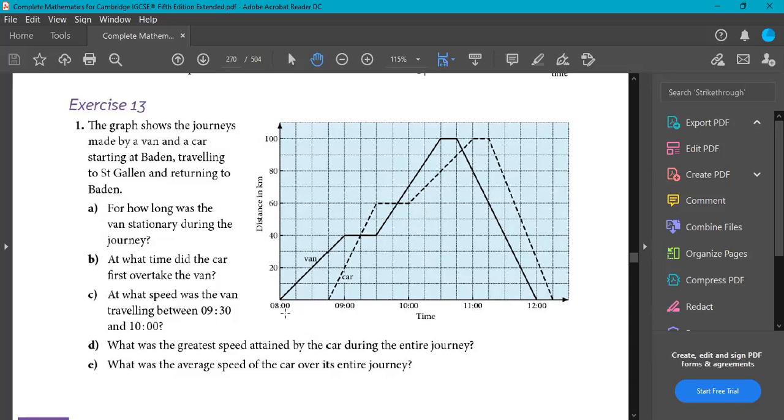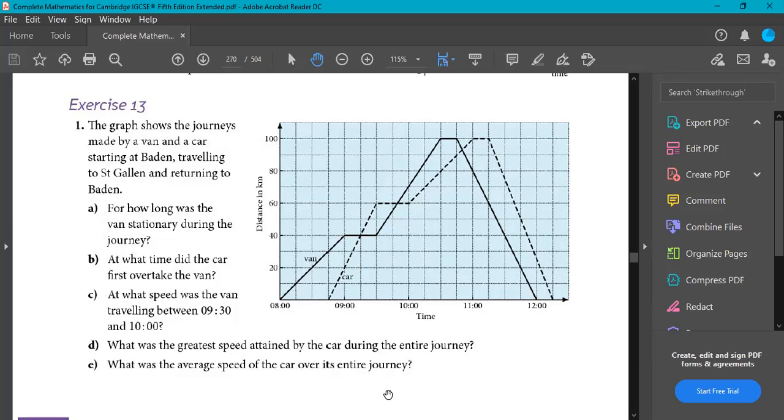Okay, so basically the van went out of the house at 8 a.m. They started driving with a speed that we're yet to determine. They drove for around 1 hour, which is 9 o'clock, to 40 kilos away from the house. Then they stopped for about half an hour to get their stuff, or drink a bit, or get something from the store.